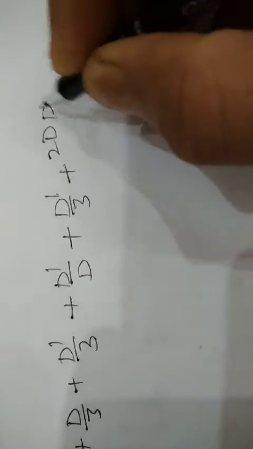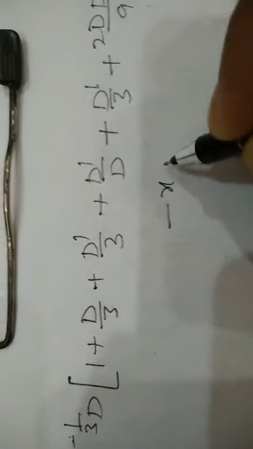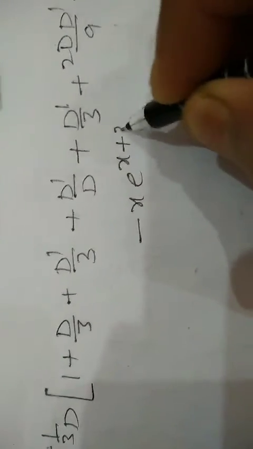we will get D dash by 3 again, plus 2D D dash by 9 plus and so on, xy, and it becomes minus x e to the power x plus 2y.